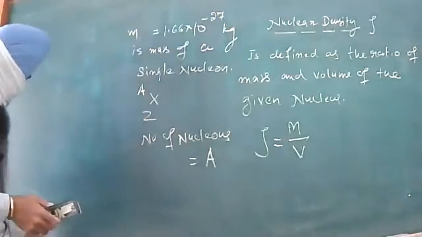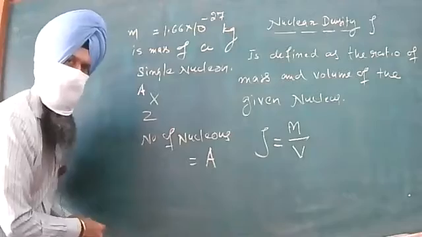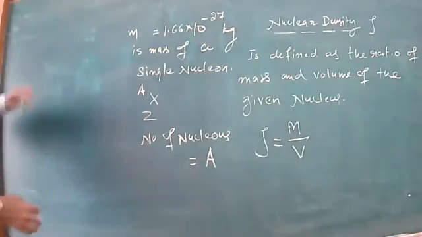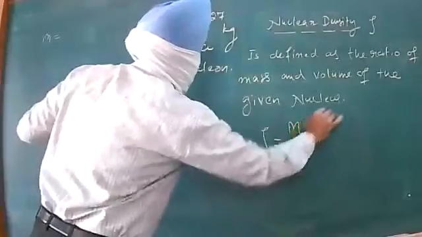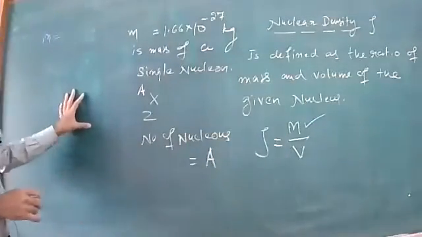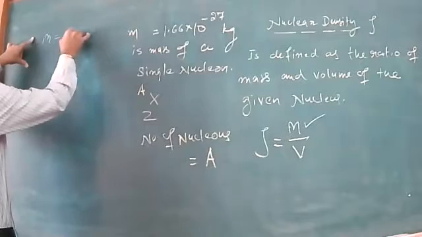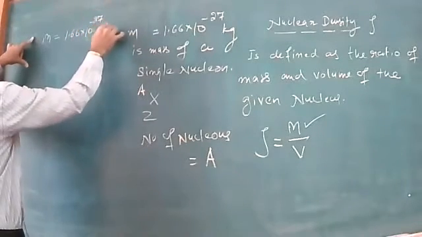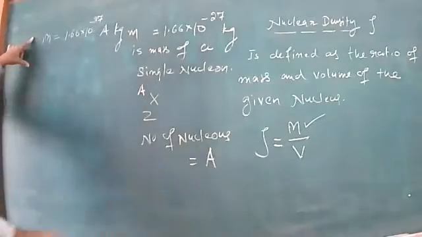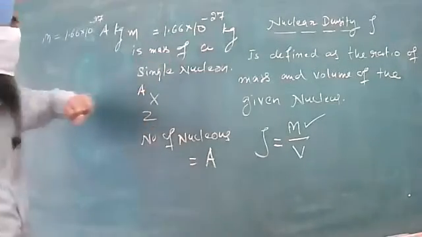Now, in order to calculate further, the mass m, the mass of the nucleus we are talking about, is 1.66 × 10^-27 × A kilograms. Why kilograms? Because we have considered it in kilograms.